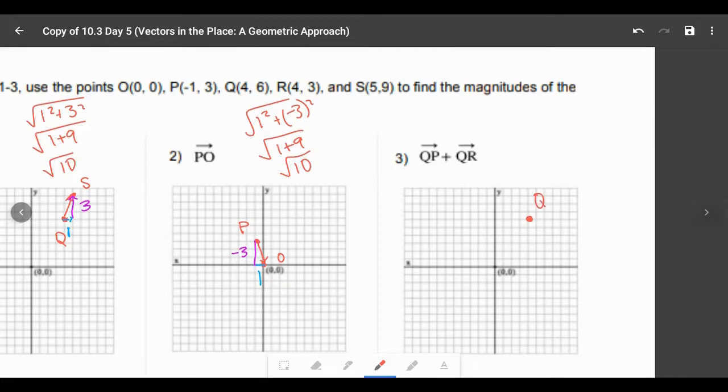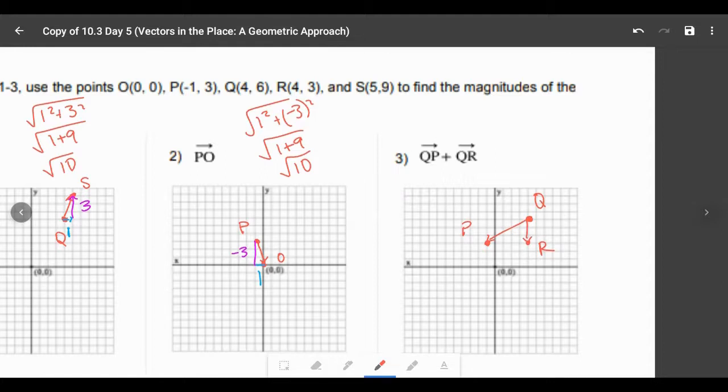And P is -1, 3. And so our first vector is there. And then our point R is at 4, 3. And so our second vector is here.